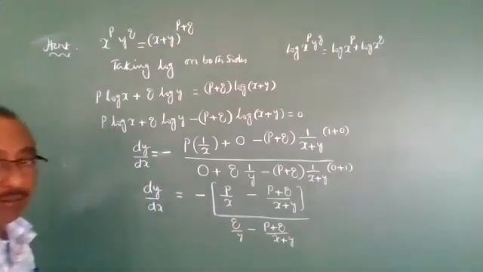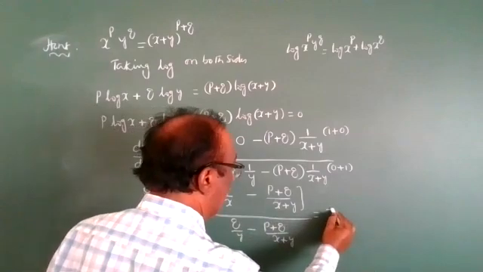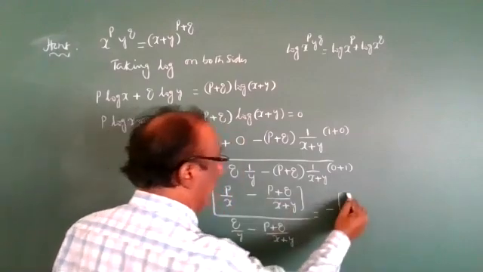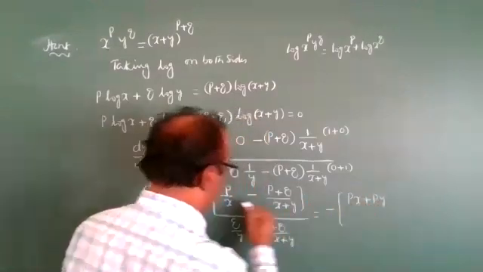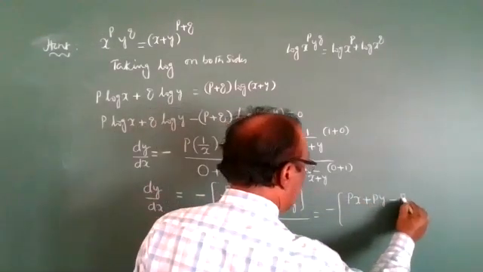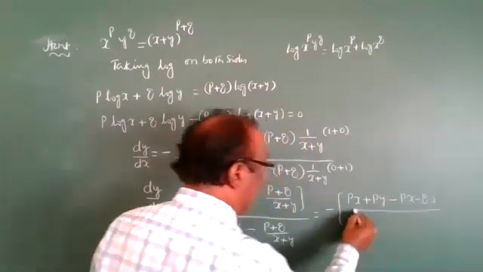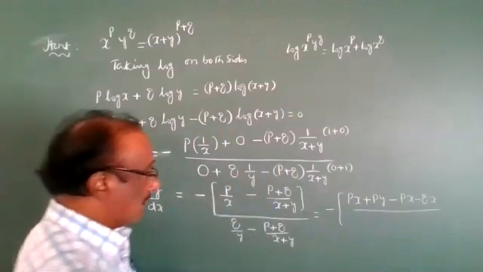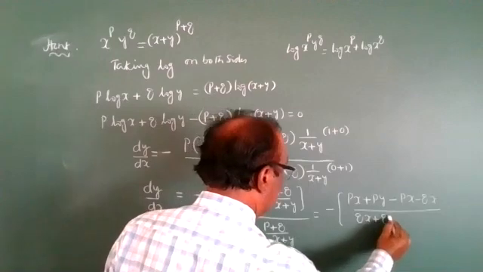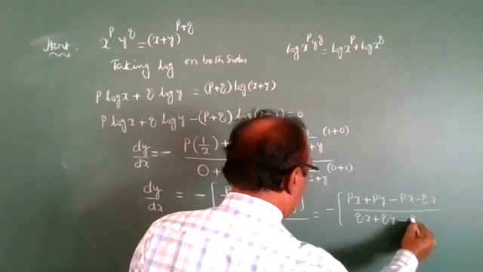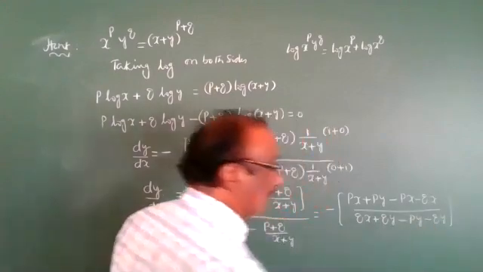Now take the LCM and simplify. Cross multiplication, minus outside. So px plus py minus px minus qx over the denominator qx plus qy minus py minus qy.